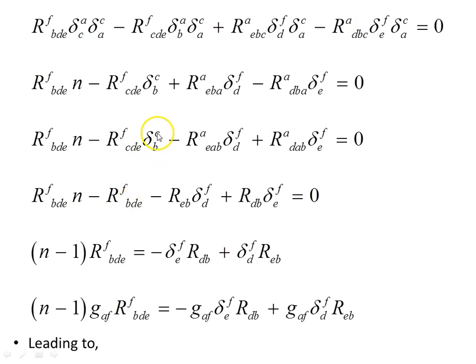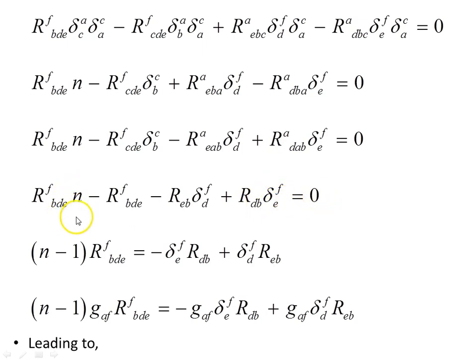Now here the C, B, we can contract on the C here and the C here, and put the B in, so we get R F B D E, which matches this one, by the way. And then over here, contract on the A and the A to give us the Ricci tensor R E B, times delta F D. And then over here, contract on the A and that gives us R D B, delta F E. And that's all equal to 0.